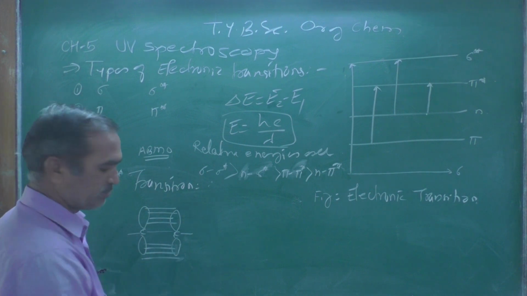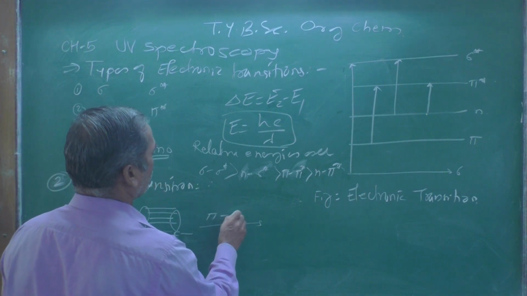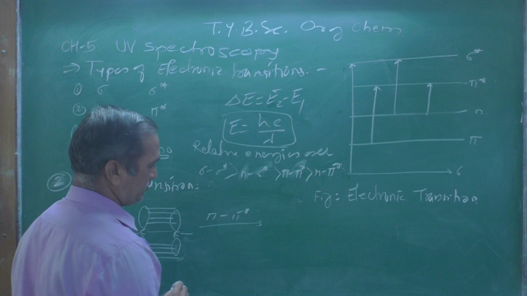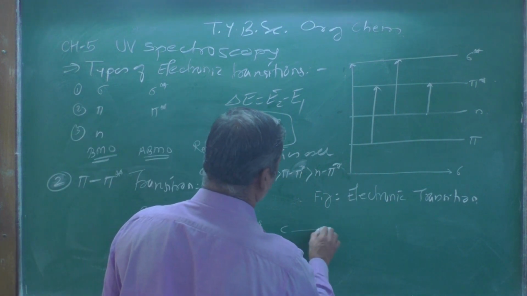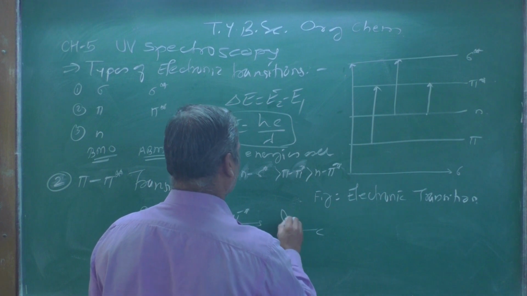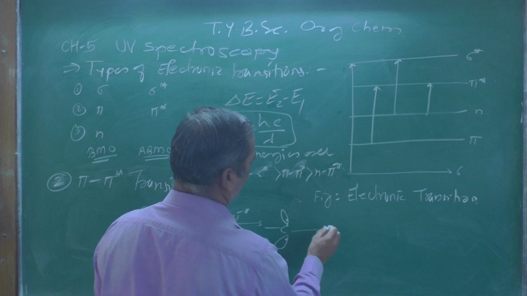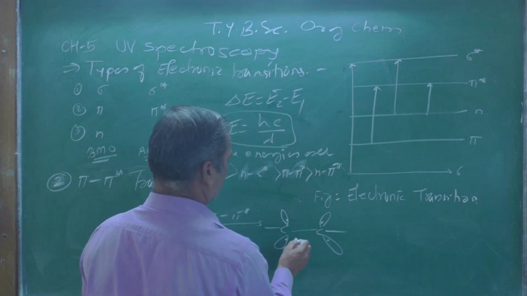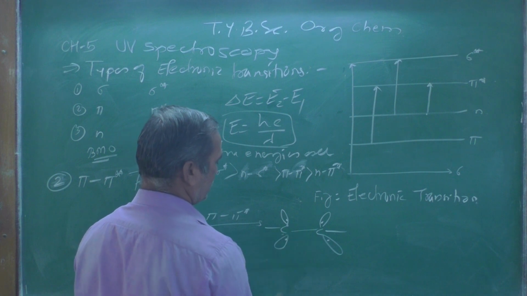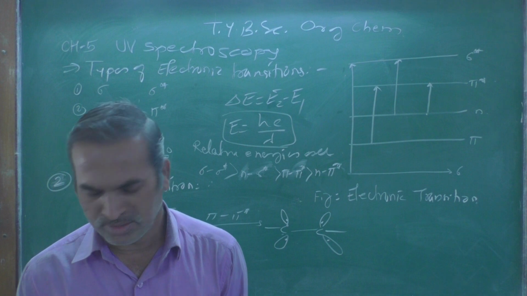And now when it shows a pi to pi star transition, the orbital becomes like this. Here the anti-bonding orbital looks like this. So this will be the anti-bonding orbital. This is a pi to pi star transition.